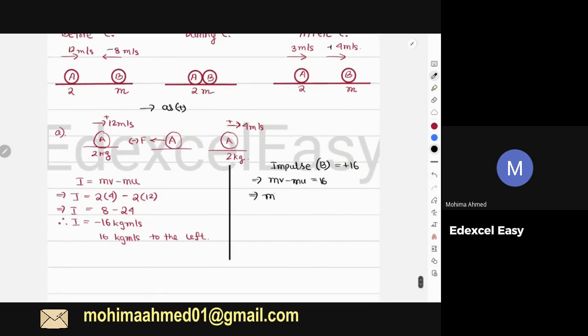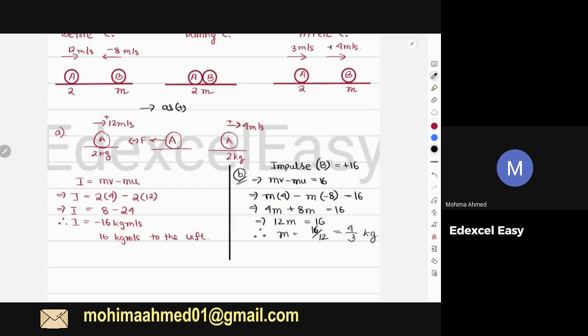So we can write m times 4 minus m times minus 8, as I've already stated, this becomes negative because of the velocity. This equals 16. So we get 4m minus minus, you get plus 8m. That's 16. So you're going to get 12m equals 16, and after that you get 16 over 12, which is 4 over 3. So the mass of particle B was actually 4 over 3 kg.